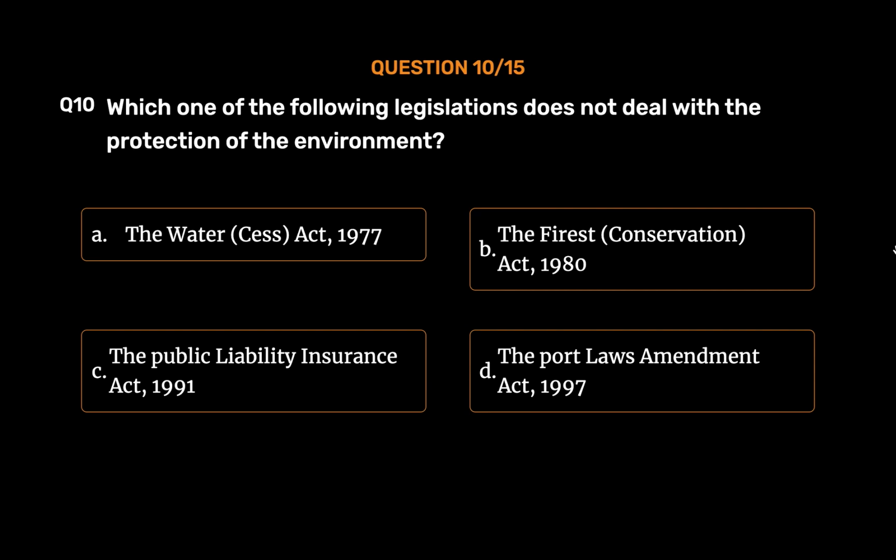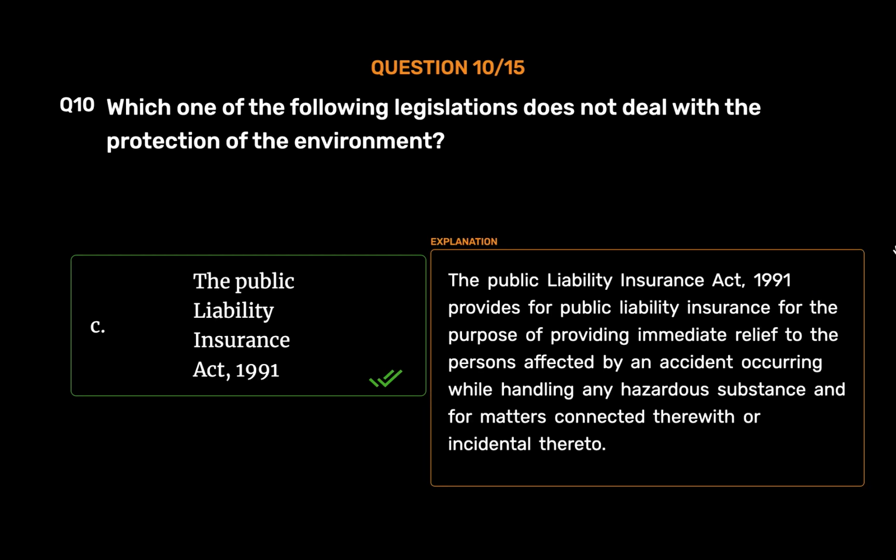The correct answer is option C. The Public Liability Insurance Act, 1991 provides for public liability insurance for the purpose of providing immediate relief to the persons affected by an accident occurring while handling any hazardous substance and for matters connected therewith or incidental thereto.